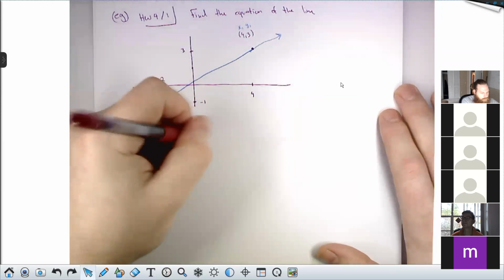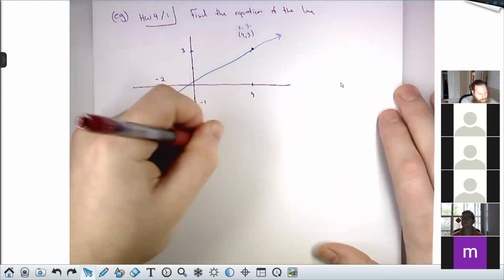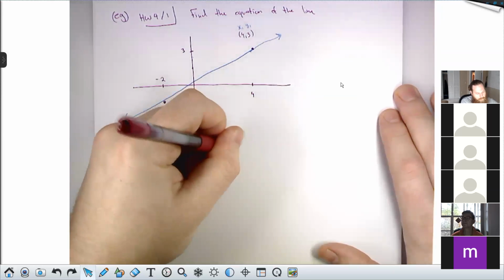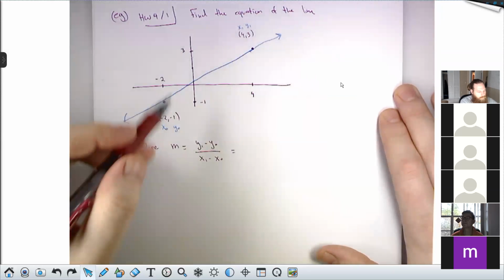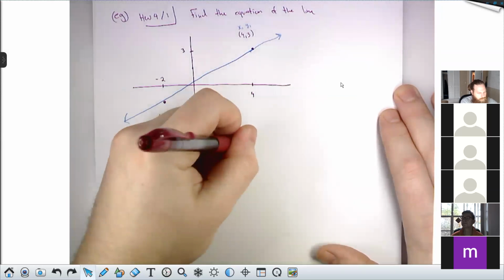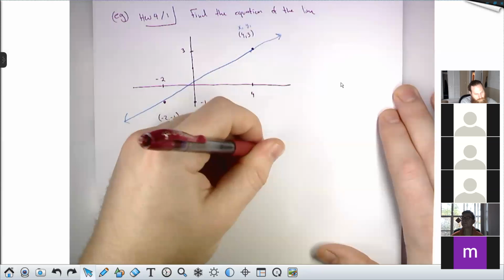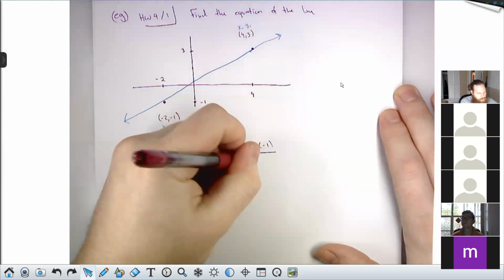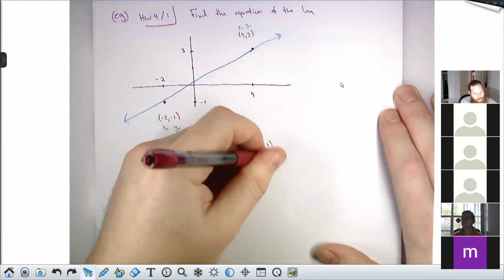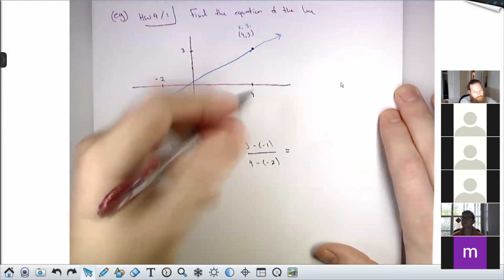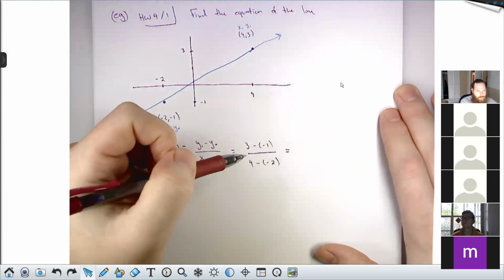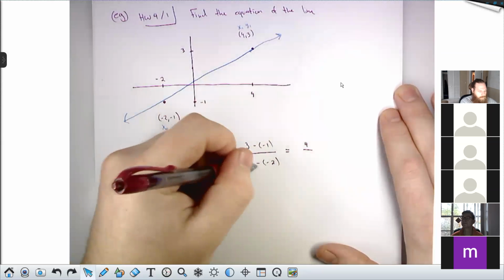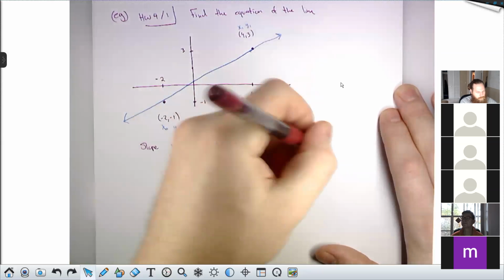We know that this is going to be y1 minus y0 over x1 minus x0, which is 3 minus -1 divided by 4 minus -2. 3 minus -1 is 3 plus 1 is 4. 4 minus -2 is 4 plus 2 is 8.